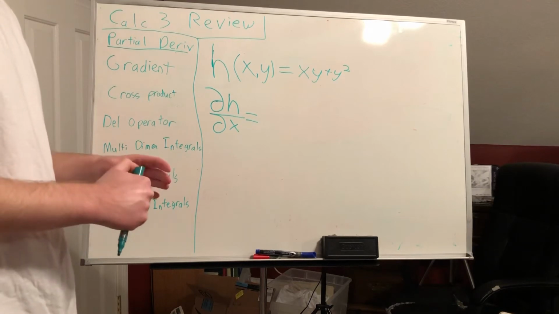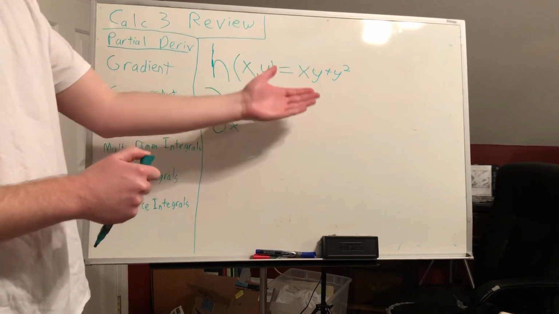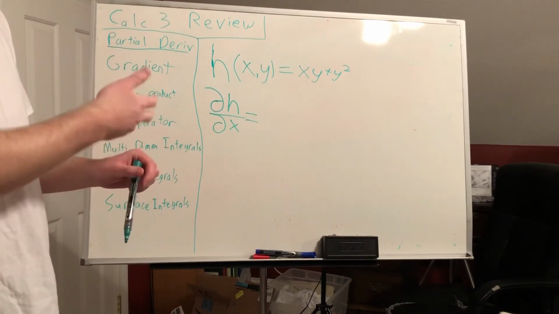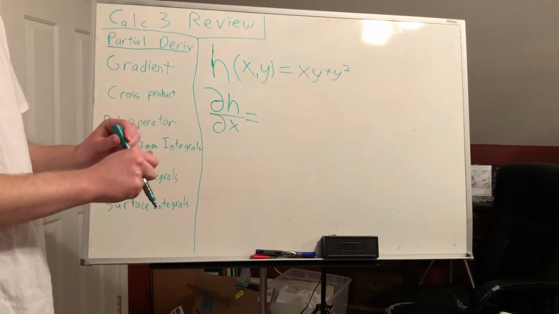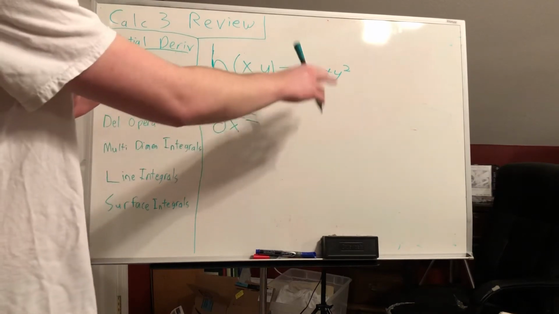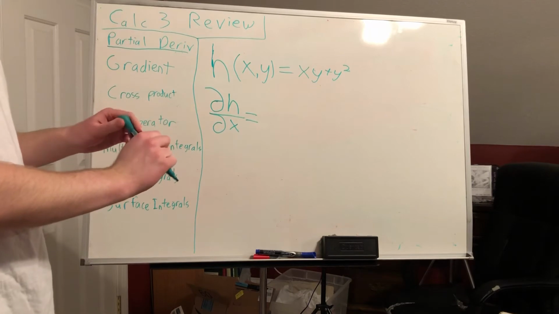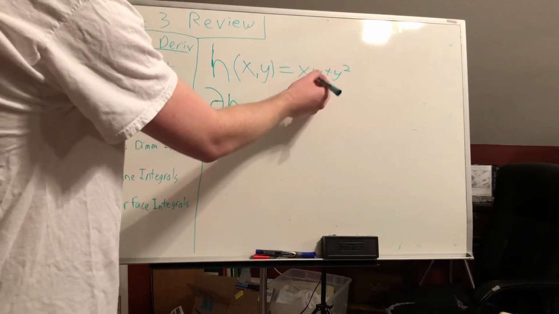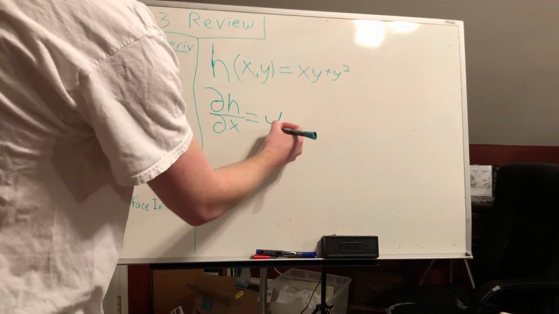Now when we do this, y is going to stay constant, so we can treat all the y's like they're constant and treat x like it's the only variable. If all the y's were replaced with constant numbers, we just take the derivative of this component right here and we would just get y.